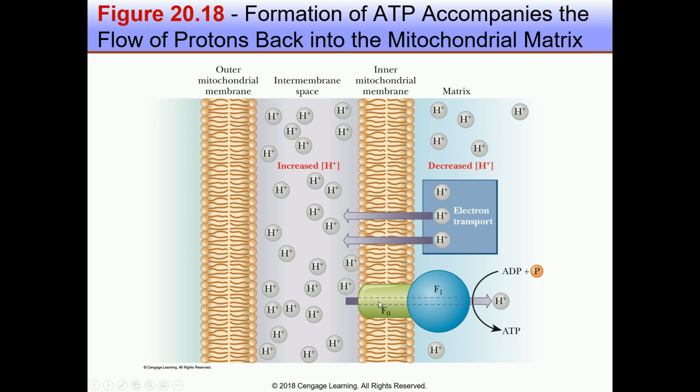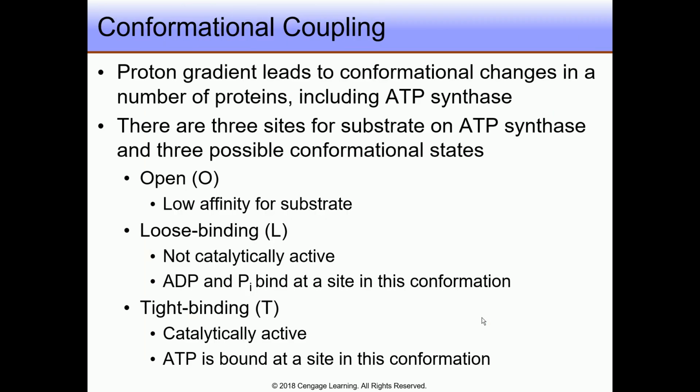These protons can pass through this ATP synthase, through FO and F1, and they activate F1, and that results in the formation of ATP. This process of passing of protons from the intermembrane space to the mitochondrial matrix through ATP synthase is called chemiosmosis.